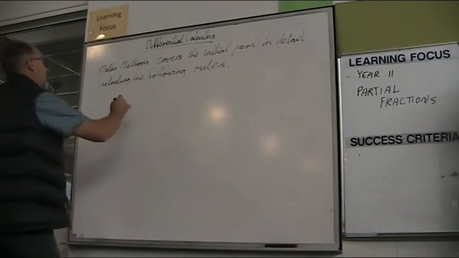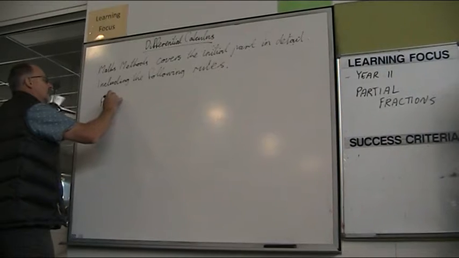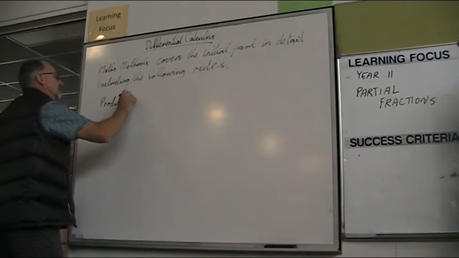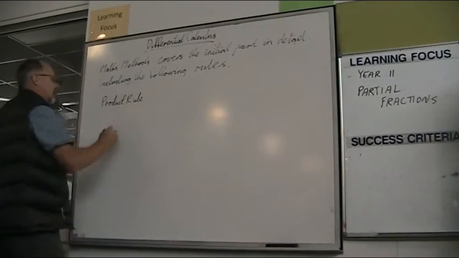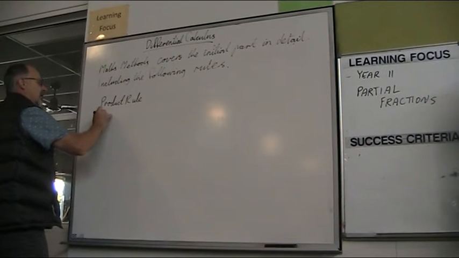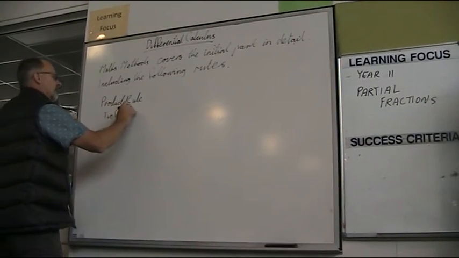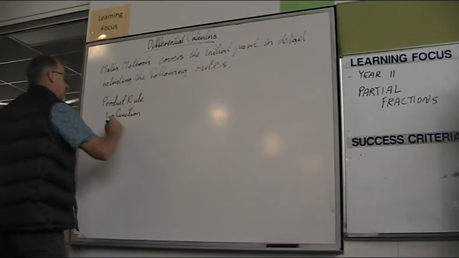These rules, the first one is called the product rule, and you use that when you have two functions multiplied.